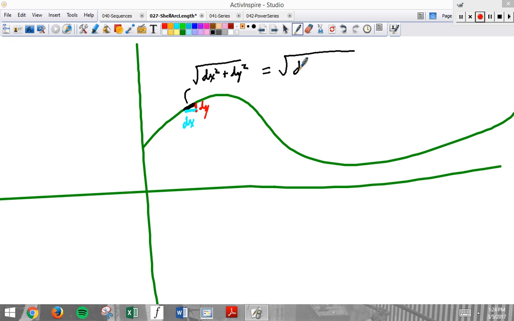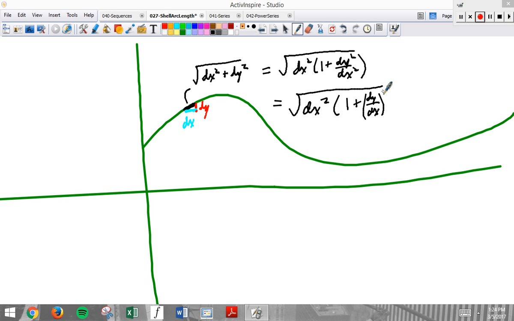I can factor out dx squared. I can simplify things, or at least write them in a very clever way. So what do I want to add up?